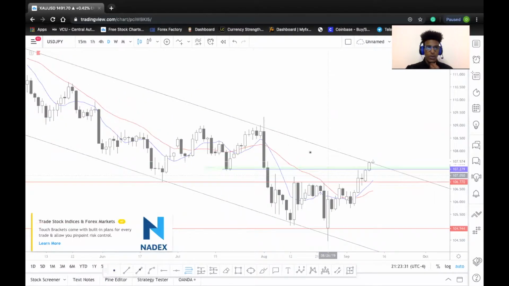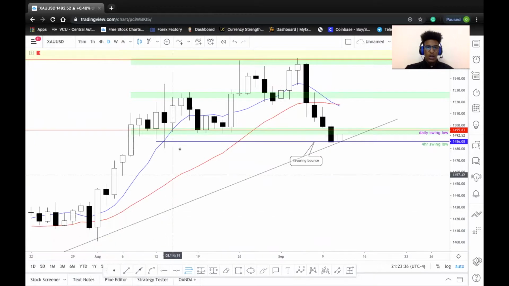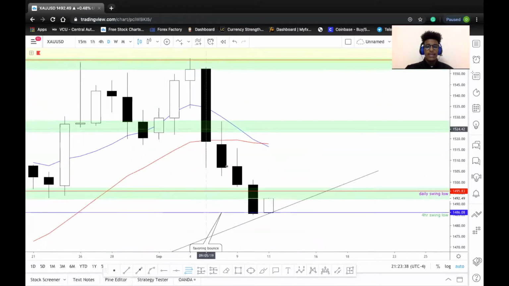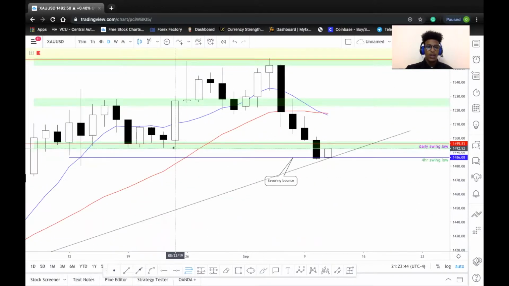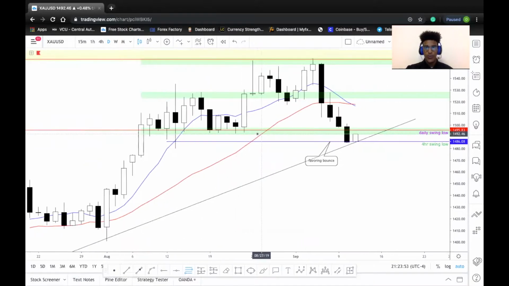Moving on to gold. Looking at this daily time frame, we can see we had gold snap below our daily swing low. We can see we had a lot of rejection in this zone: 1, 2, 3, 4, 5, 6, 7, 8, 9, 10 candlesticks, rejecting this green zone.